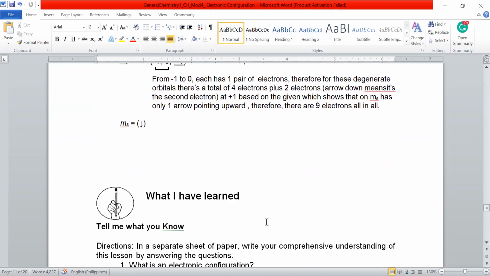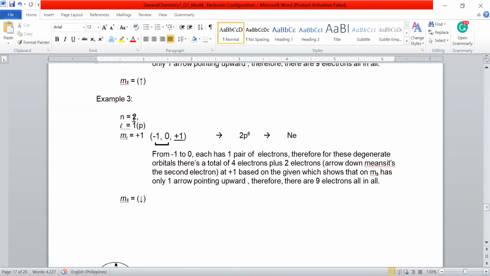So in example 3, we have N is equal to 2, L is equal to 1. So the ML is plus 1. Inside the parenthesis you show all the ML values: negative 1 and 0 come before the plus 1.